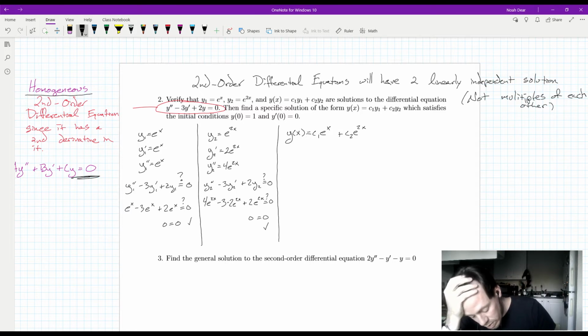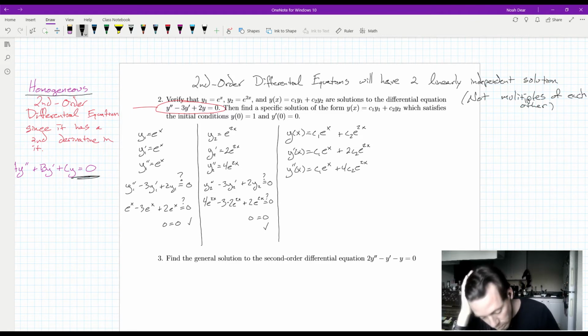So as we do this, we'll get our derivatives. y prime of x equals c1 e to the x plus 2c2 e to the 2x. And then y double prime of x will equal c1 e to the x plus 4c2 e to the 2x.